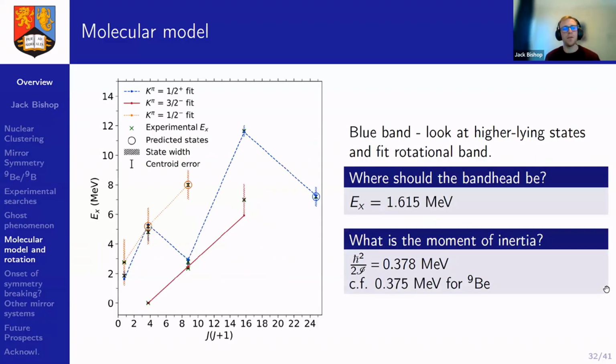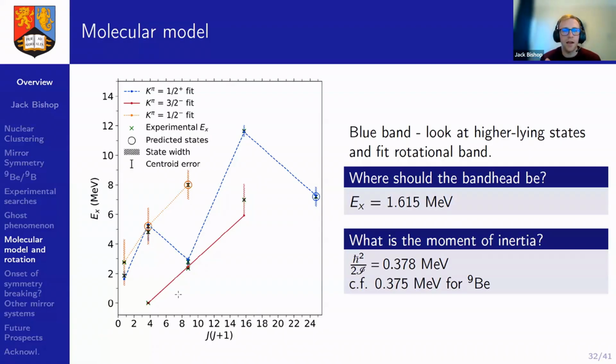So we've got our 1½ plus state, we start spinning it around, and we can give it different units of angular momentum. We can do this with a few different systems. We can think about the ground state, which is a 3½ minus state. We just keep adding units of angular momentum, and we can plot the energy versus J(J+1) here.